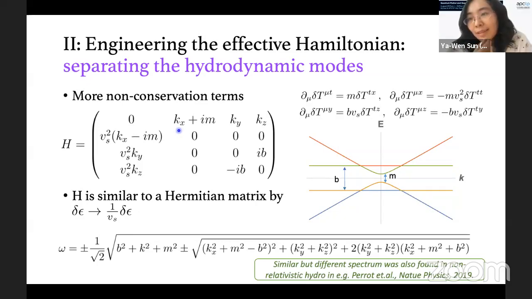But this is like a weakly broken conservation equation, which is still in the hydrodynamic limit. Of course, when the system is not conserved, it's not hydrodynamics, but we can still talk about a fluidity and non-fluidity transition, for which this may be useful.